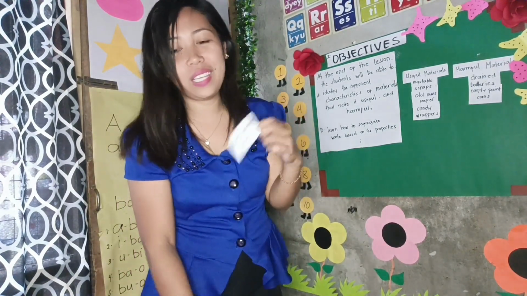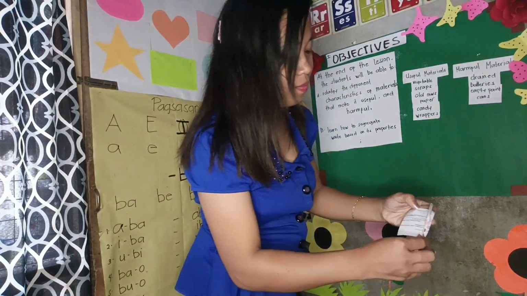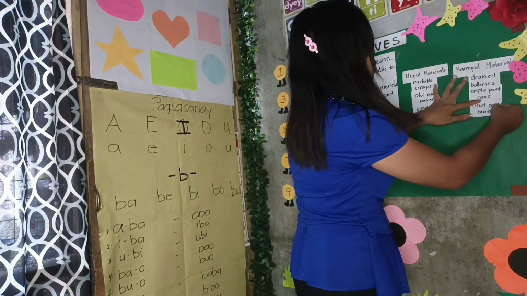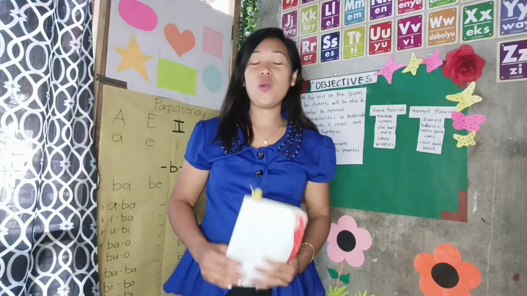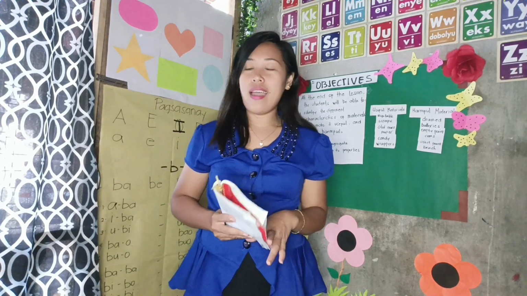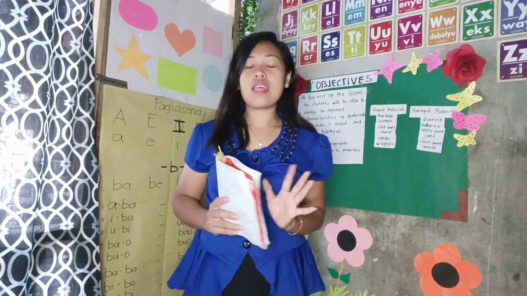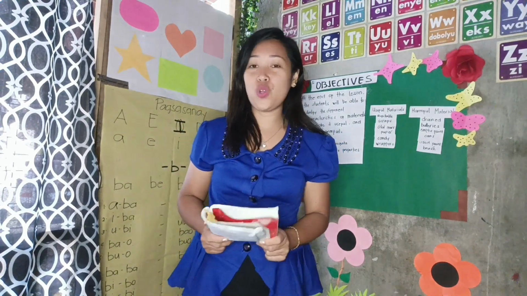Okay, so this is harmful. Very good. Okay, so very good, children. So now that you know how to segregate and recognize the useful and harmful materials, let's have a short quiz.